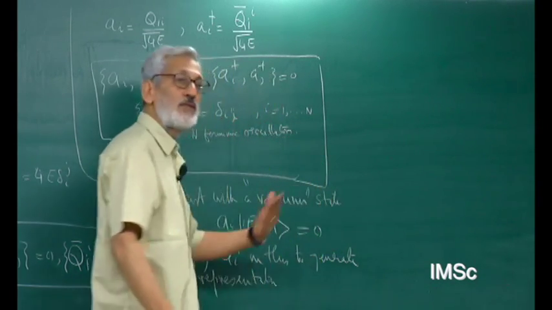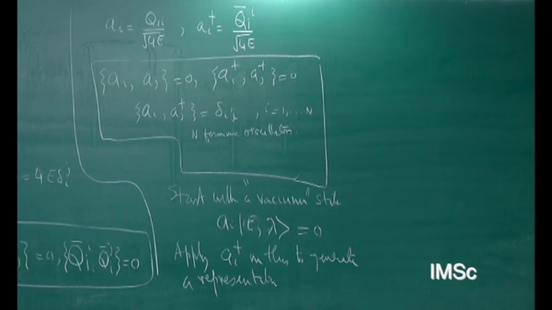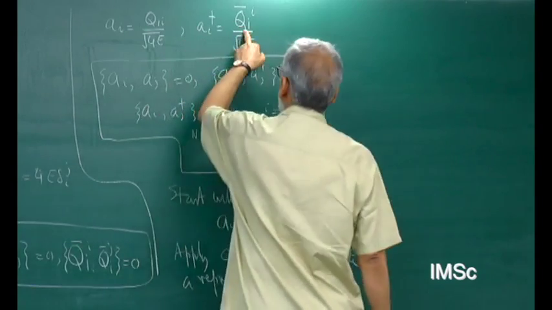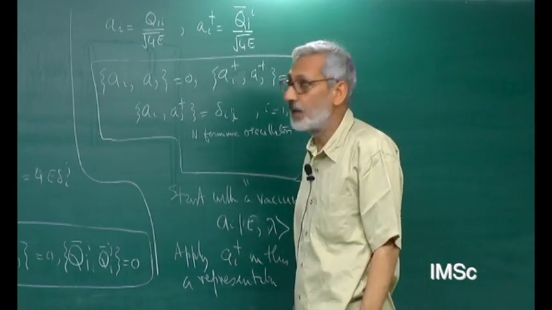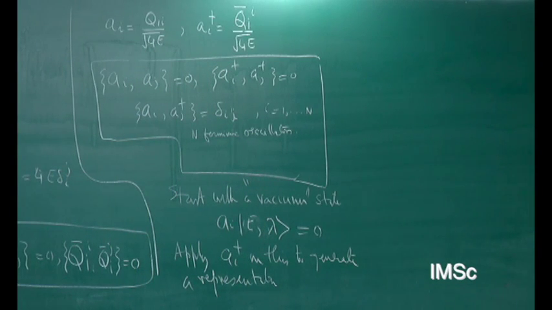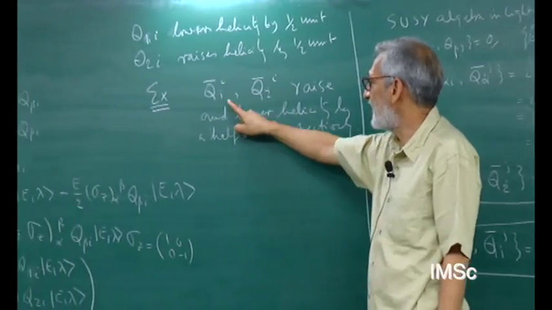So 1 AI dagger, 2 AI daggers, 3 AI daggers, 4 AI daggers, all possible AI daggers on this. And since A dagger is Q1 dot bar, Q bar 1 dot, and what does Q1 bar do? We just set up this property of it. It raises the helicity by half unit.